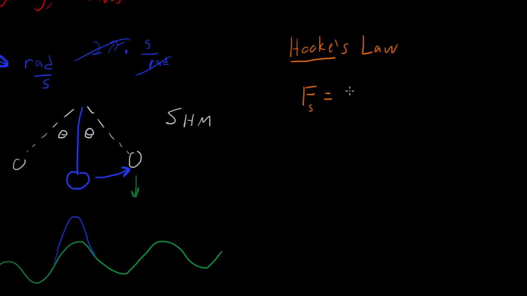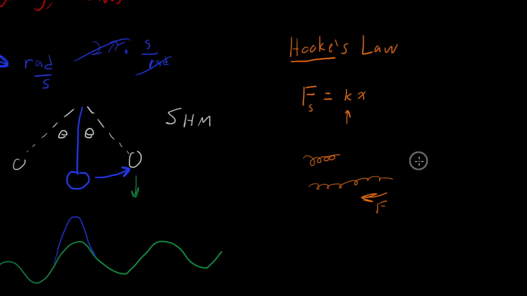Hooke's law tells us the force of a spring, and that is going to be just kx. Now, k is a spring constant. It's basically the force that the spring is going to apply when we pull it back. If I pull a spring back so that it's stretched out twice as long, and then I let it go, it's going to have a force that's a function of that k.